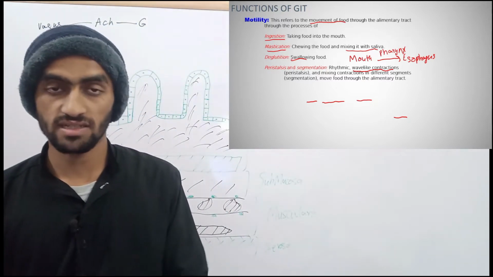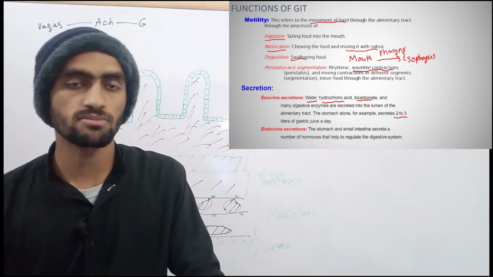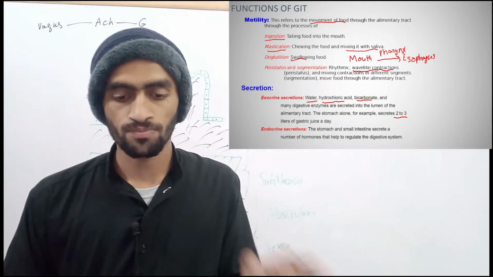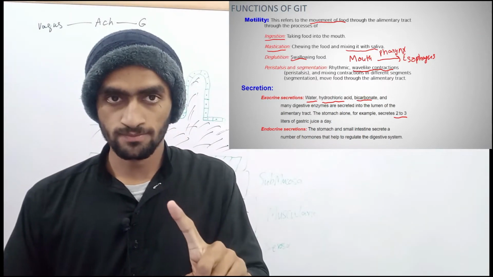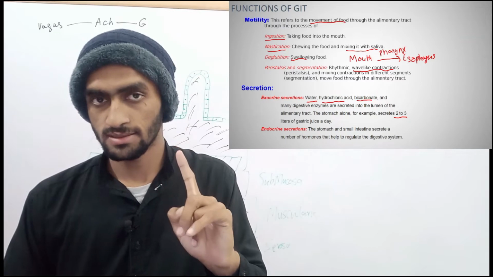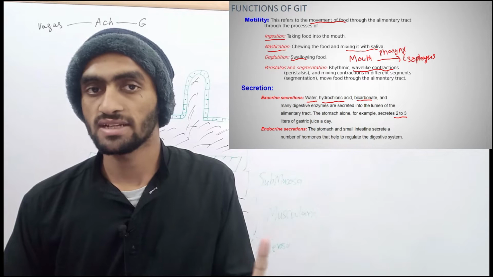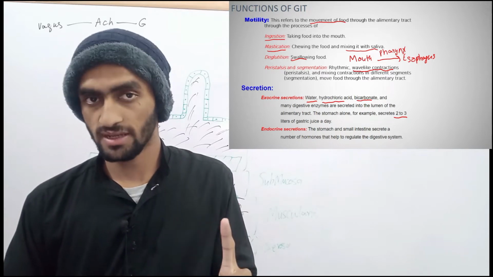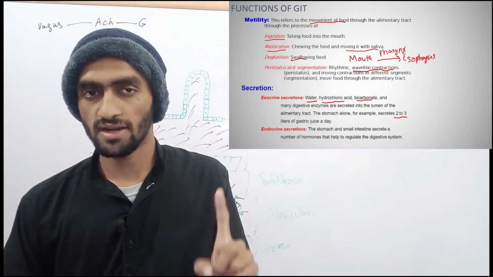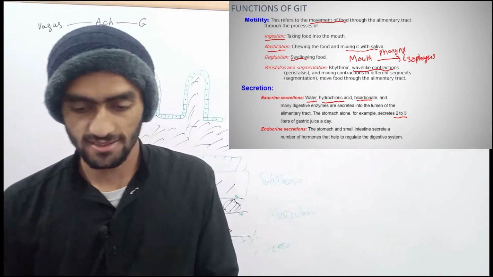Number 2 function is secretion. It may be an exocrine secretion, it may be an endocrine secretion. Exocrine secretion has a duct. Endocrine secretion is ductless.